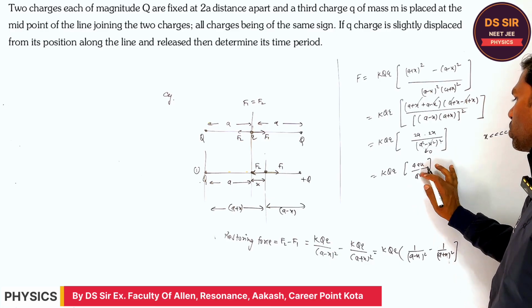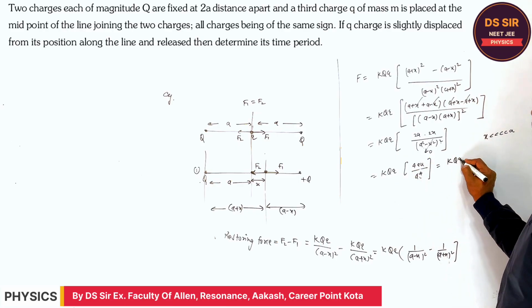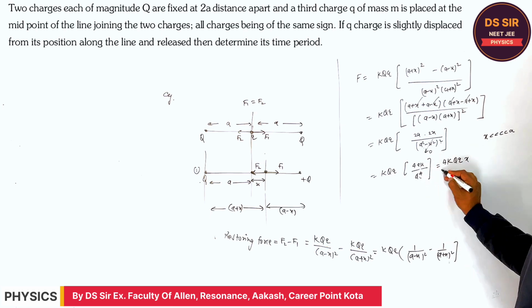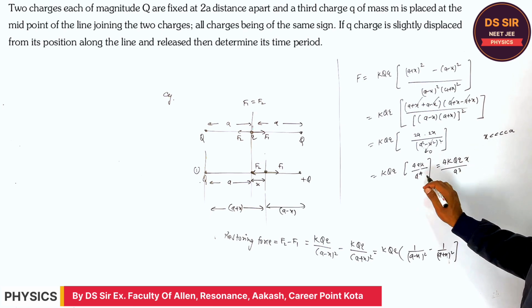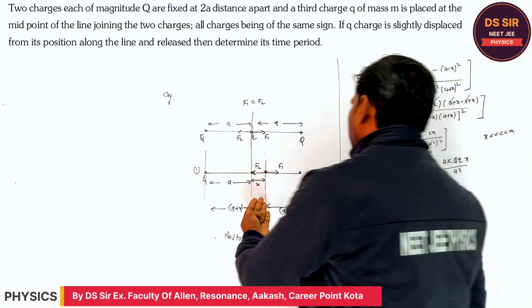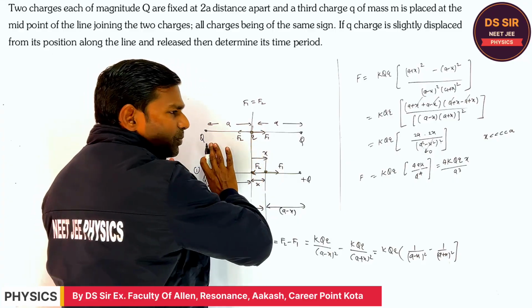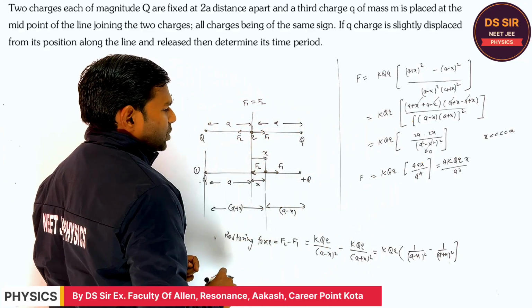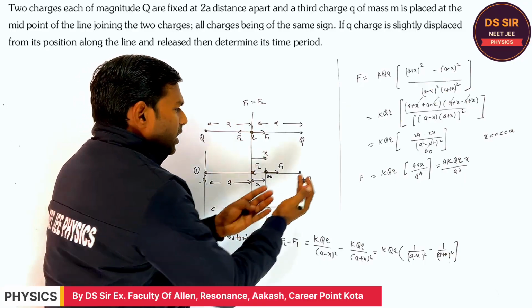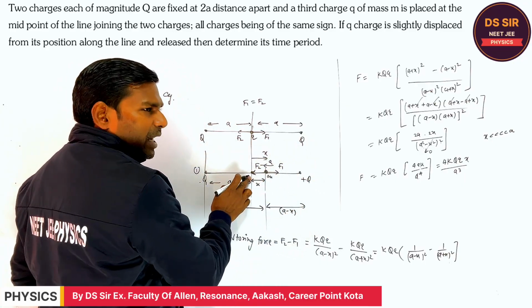Is it clear or not, you tell? Yes. So therefore, the force may be written as 4kq, right, x upon a to the power 3. So this is the net force. Listen one thing, this is the mean position, you give the displacement in the positive x direction. But if you consider the mass of this particle is m, the net force is in this direction, therefore the acceleration will be towards left.